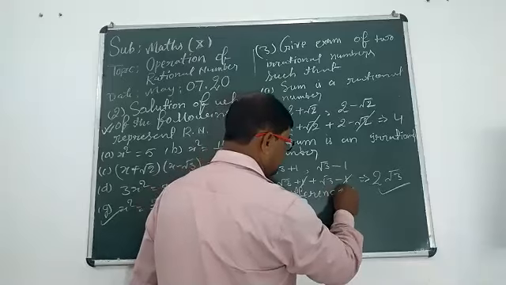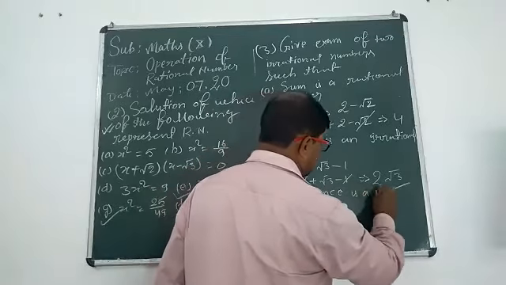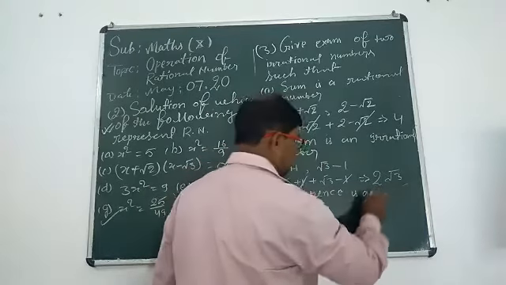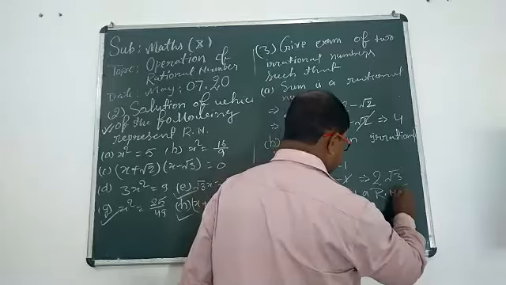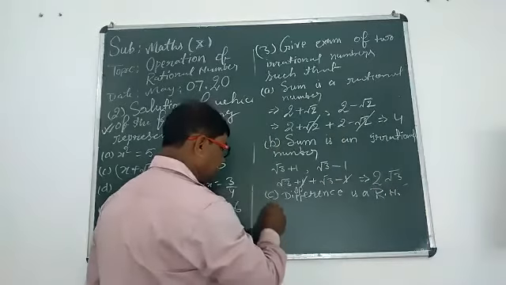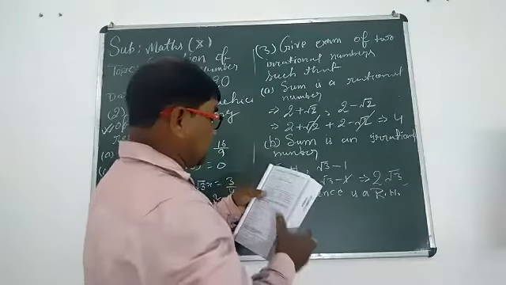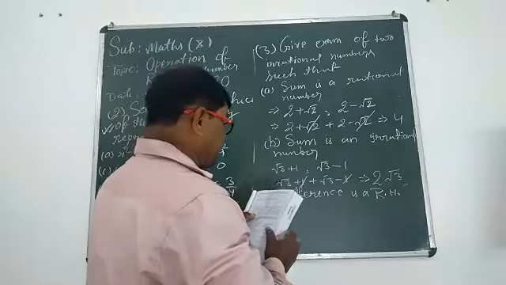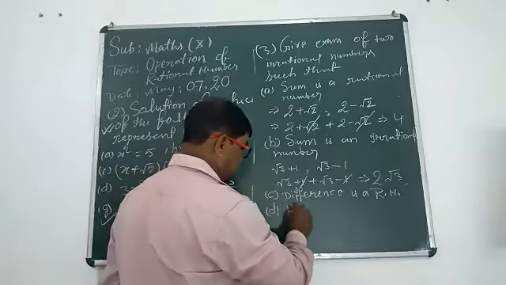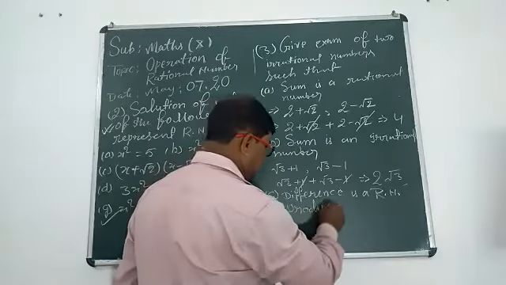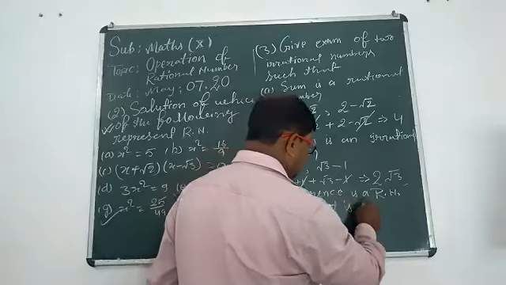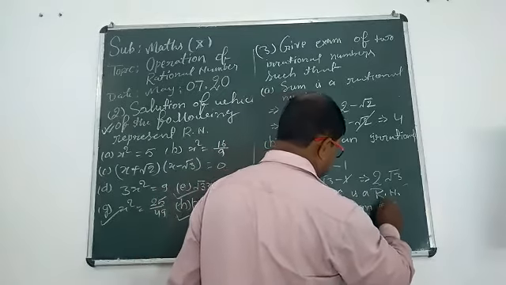Difference is a rational number. Is a rational number. Product is an irrational number. Product is an irrational number.